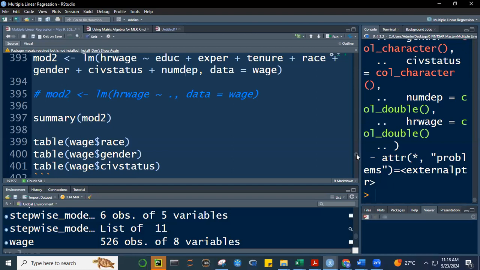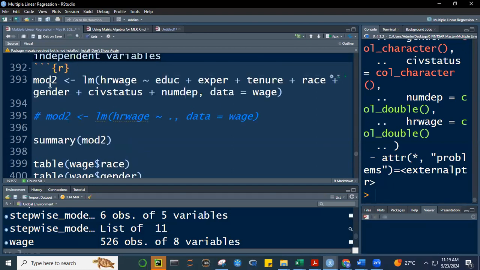So this is our model, model 2. It's model 2 because I think we started with model 1 where we regressed hourly wage on education, just a simple linear regression. But in this case, we're now using the whole data set, and we're using the 7 predictors, 4 of which are quantitative and 3 of which are categorical.